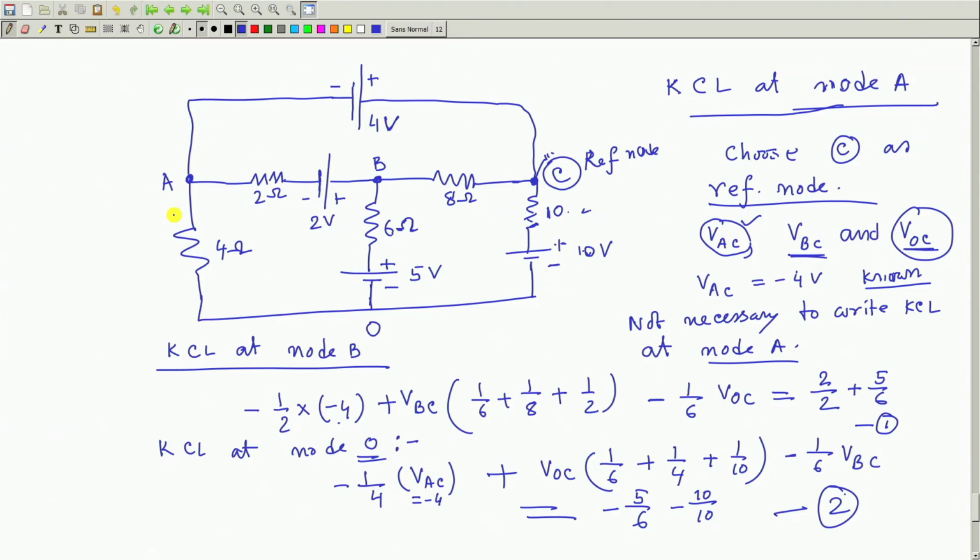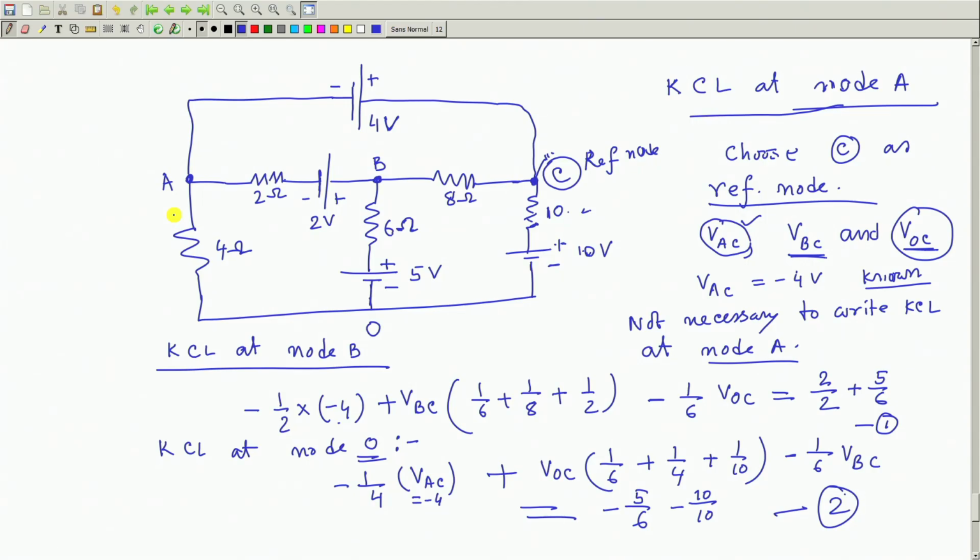Got the point? Now, the number of equations to be solved here is only 2. So, if you are lucky and between two nodes an ideal voltage source is connected, perhaps you have to solve one equation less.